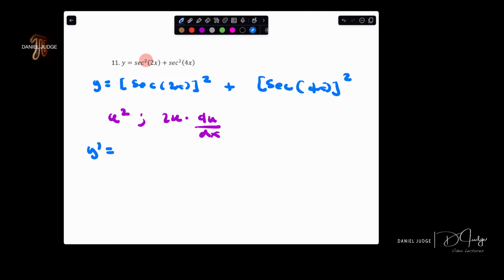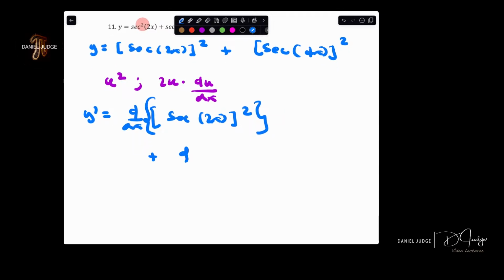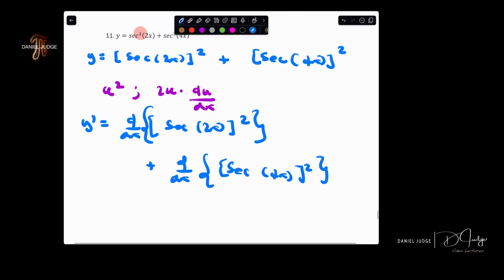So when we differentiate y, we're differentiating (secant 2x)^2 plus the derivative of (secant 4x)^2. The derivative of a sum is the sum of the derivatives.